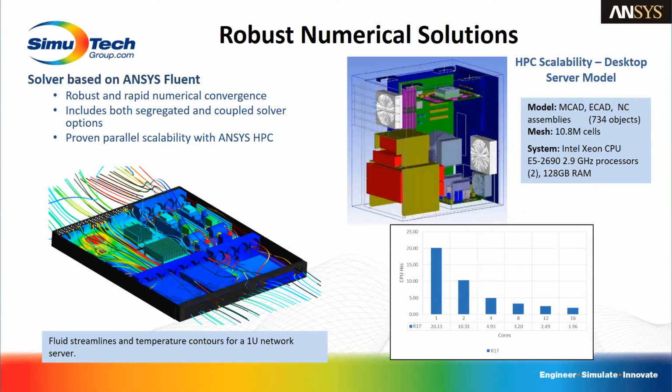So on the right hand of the screen, you can see a study that was done on that desktop server model by Ansys to actually validate and to measure the scalability when you add HPCs into, the number. How does increasing the number of cores, how does that speed up your solution? And it's pretty much directly scalable.